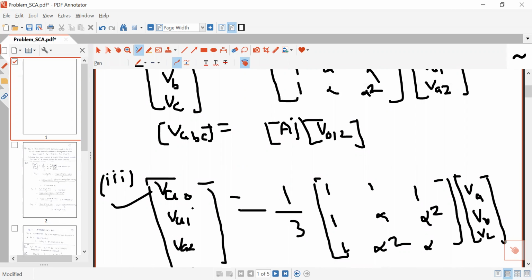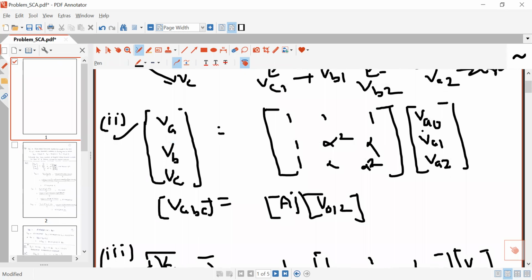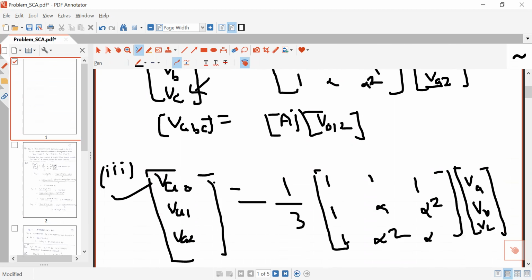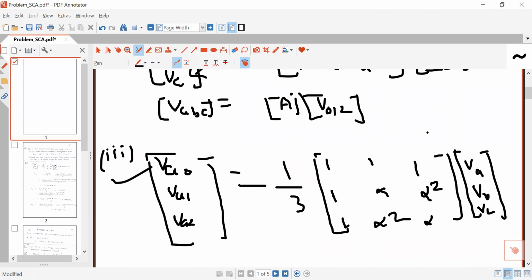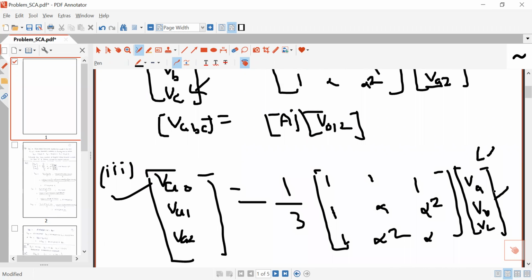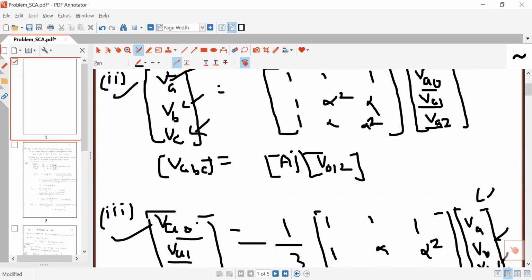Basically, in problems of symmetrical component analysis, either VA0, VA1 and VA2 will be given in phasor form and you have to determine VA, VB and VC, or VA, VB, VC will be known in phasor form and you have to determine the sequence components. The same equation will be true for the current phasor.